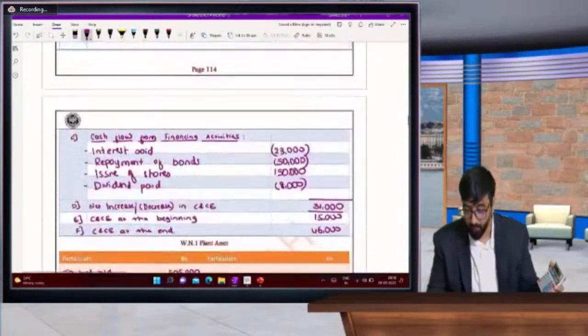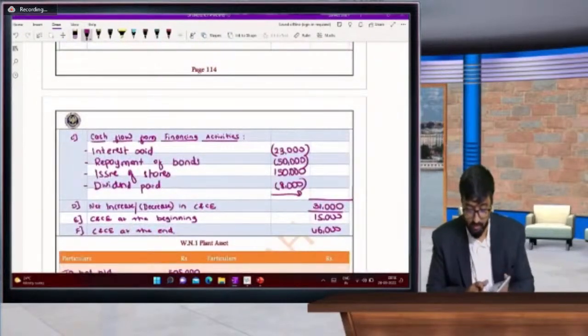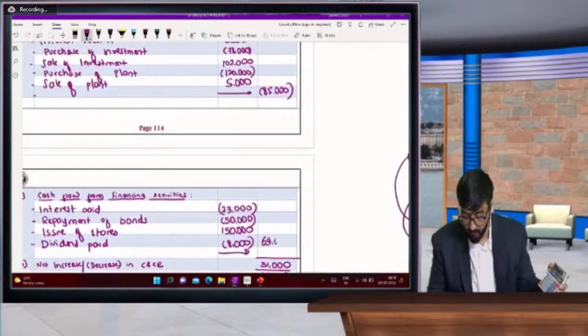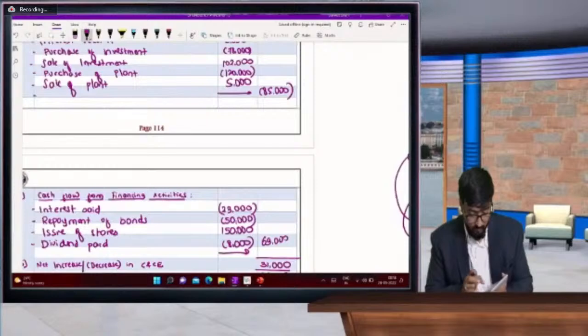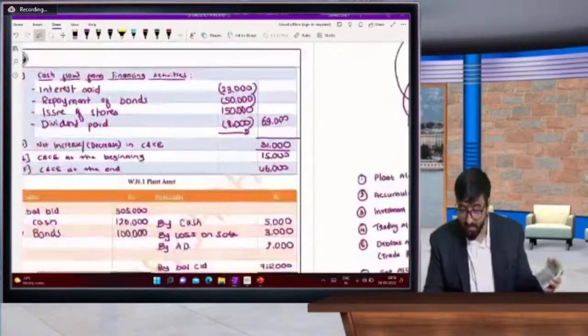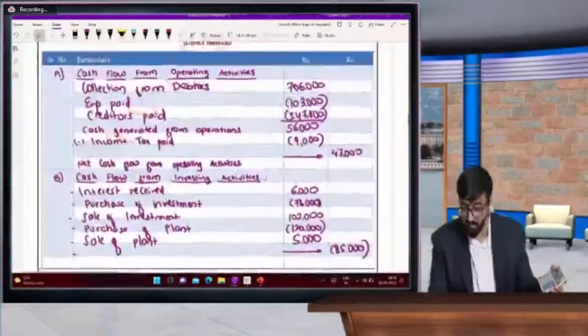If you are not focused, your cash flow statement is not going to tally. 150 minus 23 minus 50 minus 8, I am getting 69,000. Yes, 31,000. It's tallying.